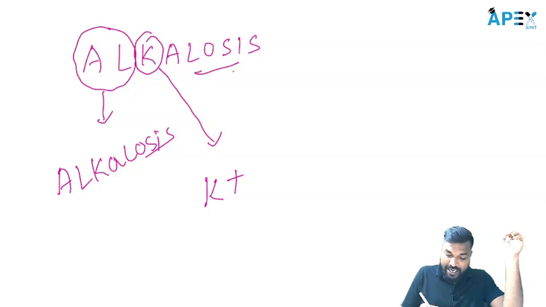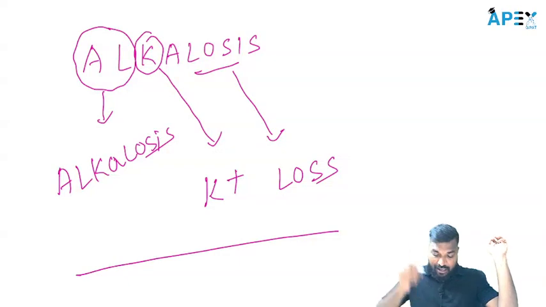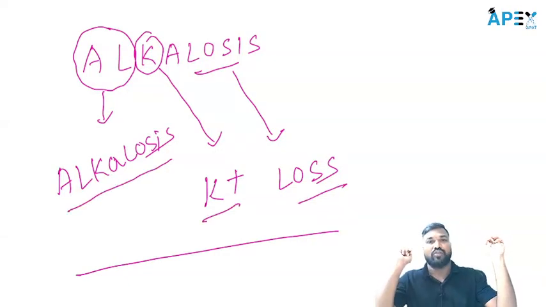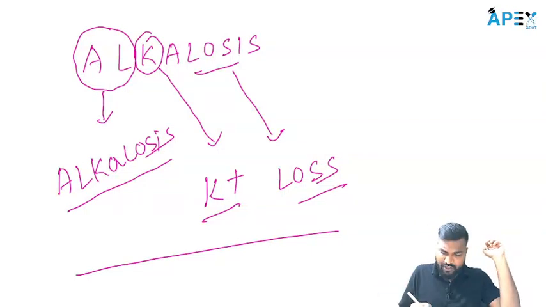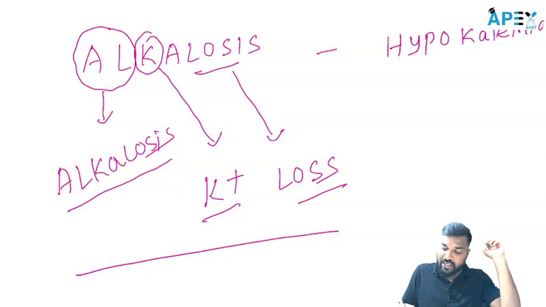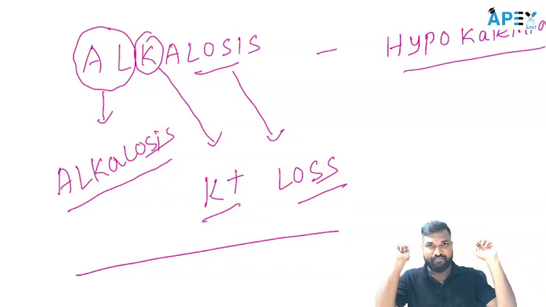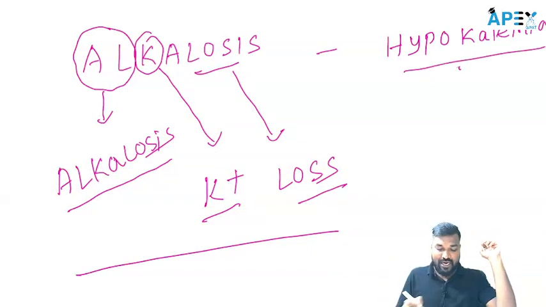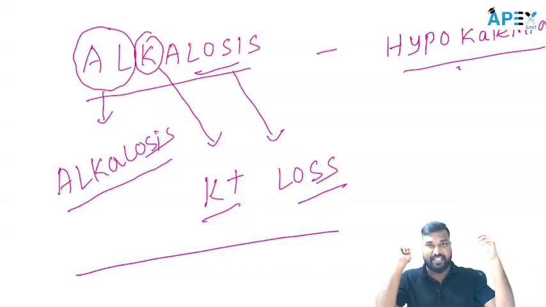And here it is saying loss. If there is a potassium loss, then we will get the alkalosis. Potassium loss, what do we call it? Yes, we call it hypokalemia. So hypokalemia leads to alkalosis.